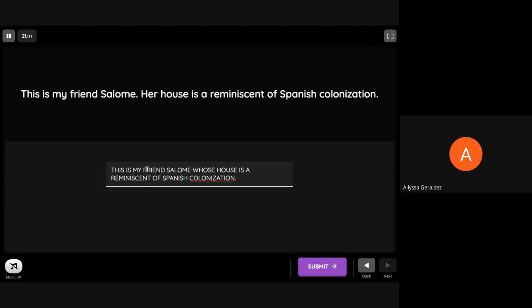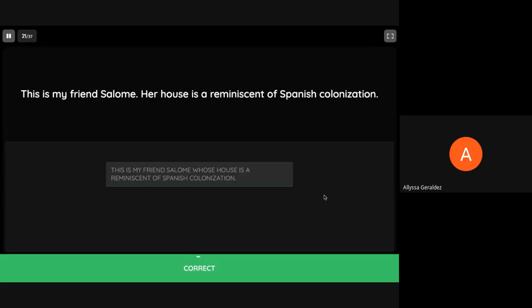Whose, whose house is reminiscent of Spanish colonization. Okay, correct.